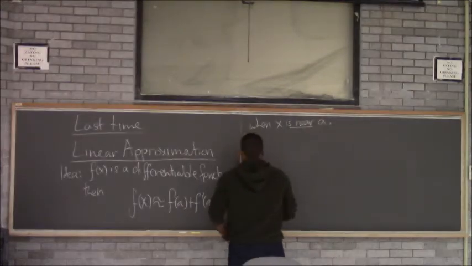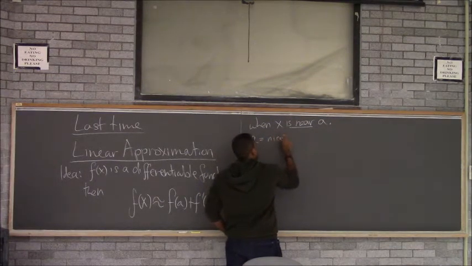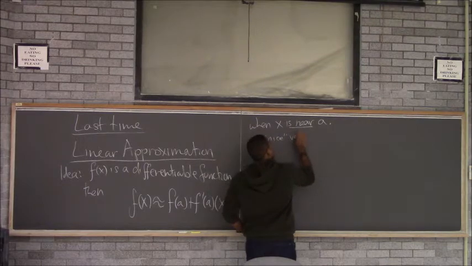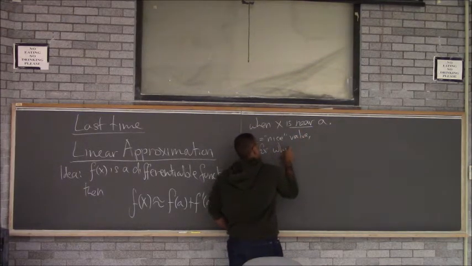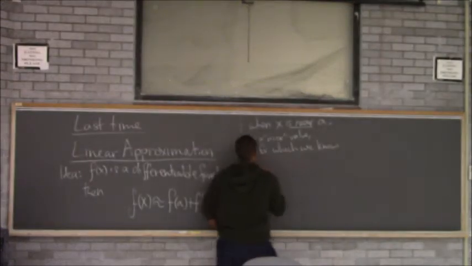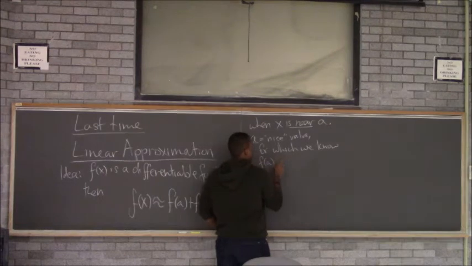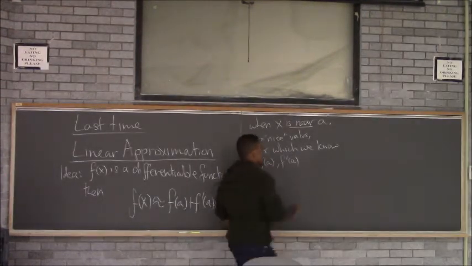Also, a is a point where you know all the information, you know what f of a and f prime of a are, or we can find them easily.